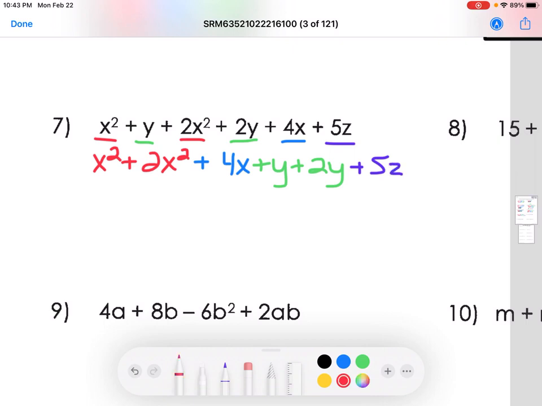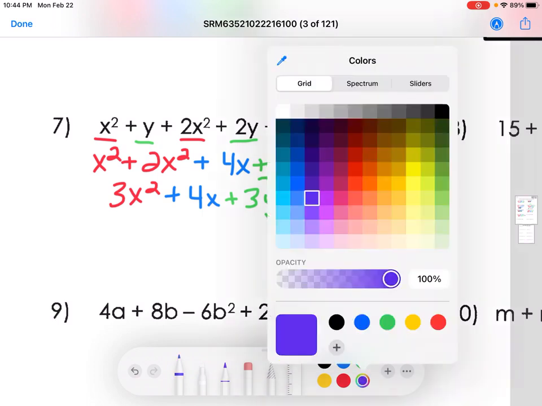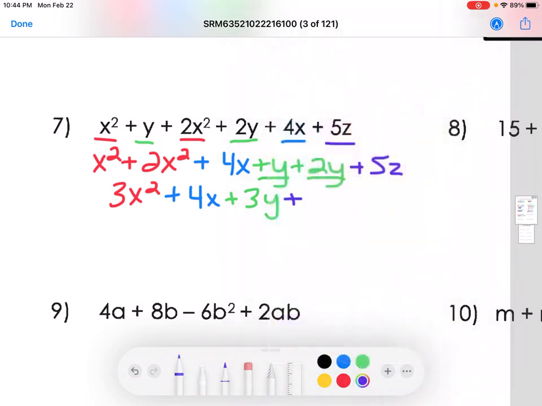So 1x squared plus 2x squared would be 3x squared. I have nothing to combine with my x terms, so plus 4 times x. I have 1y plus 2y, so that is plus 3y. And then I have nothing to combine with my z, so plus 5 times z.